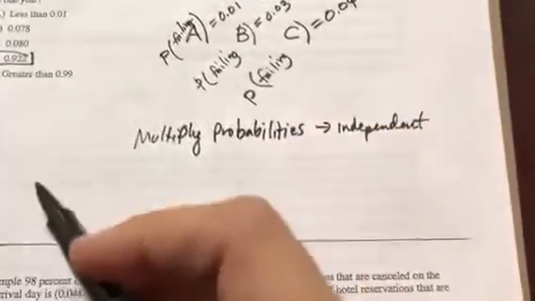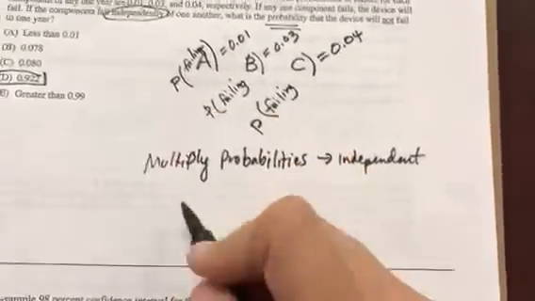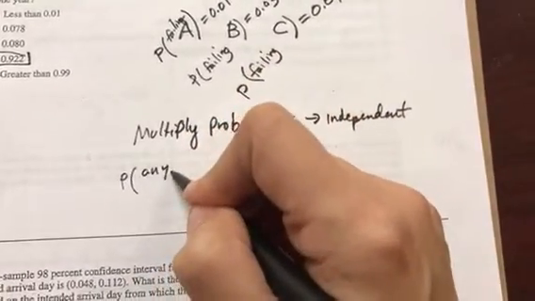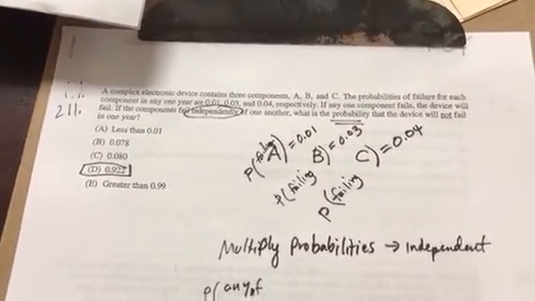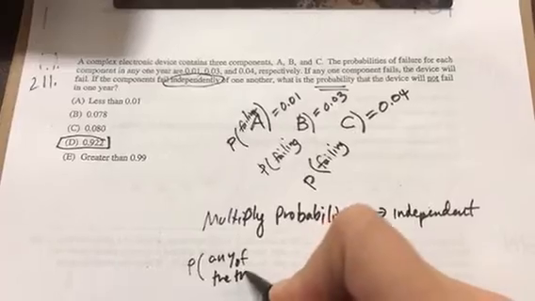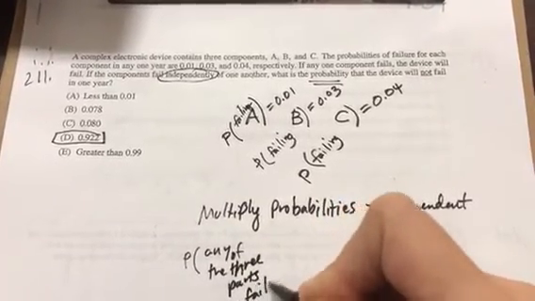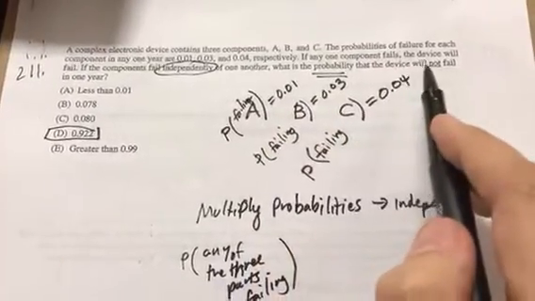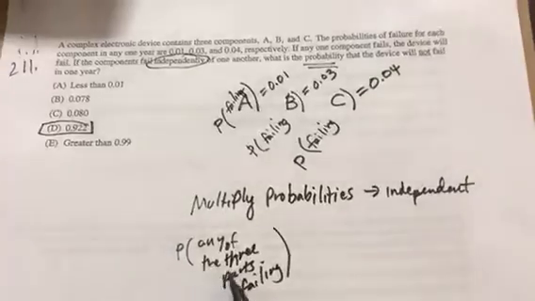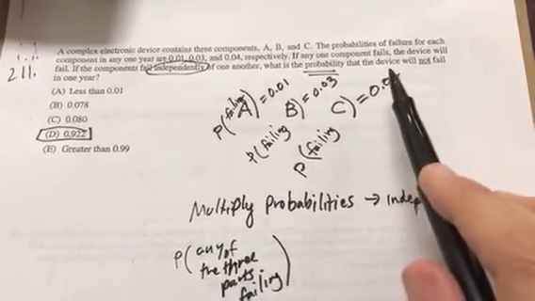The probability of A failing. The probability of, what is the probability that the device will not fail? Oh, that's interesting. I have to calculate the probability that it won't fail.